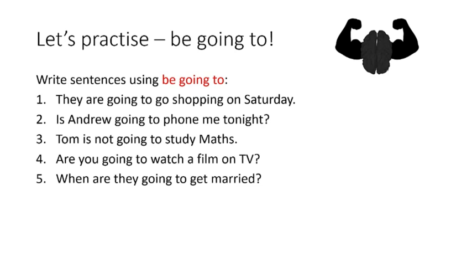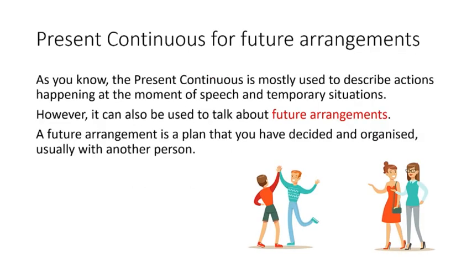Okay, so we're still in the future, but let's talk about present continuous for future arrangements. So this is another use of present continuous when we talk about the future. Present continuous is mostly used to describe actions that are happening at the moment of speech, right now.